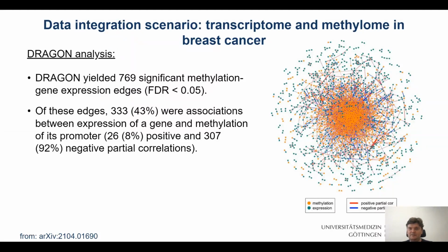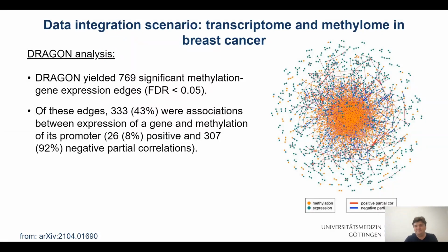What we observe here is that a high proportion, 43%, in number 333, were associations between the expression of a gene and the methylation of its promoter. And a high proportion of 92%, so the predominant proportion, were negative partial correlations.